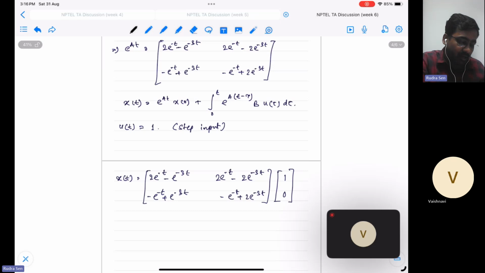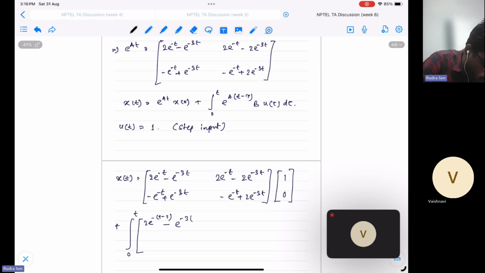This is e to the power At into x0 plus integration 0 to t, now e to the power A(t minus tau). So in place of t, you have to replace it with t minus tau.